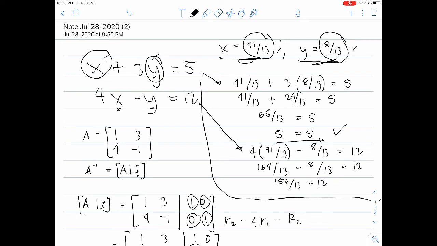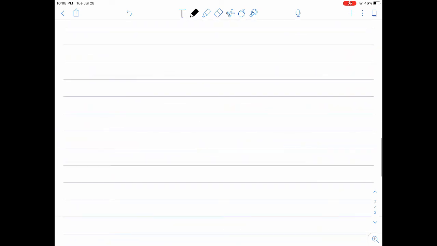Then 156 divided by 13 is 12. So therefore 12 is equal to 12. So therefore tama ning atong answer.